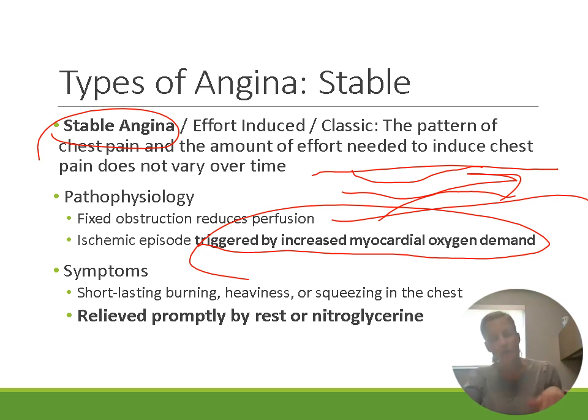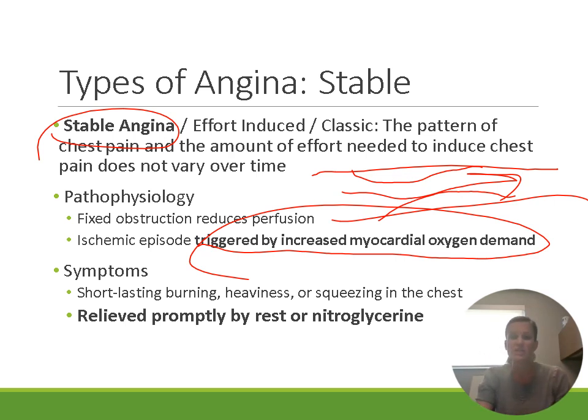Now, symptoms of stable angina include a short-lasting burning, heaviness, squeezing in the chest, right? This really strong chest pain. It is possible for somebody to have atypical symptoms. Atypical symptoms include things like sweating, right? Diaphoresis, fatigue, nausea as well.